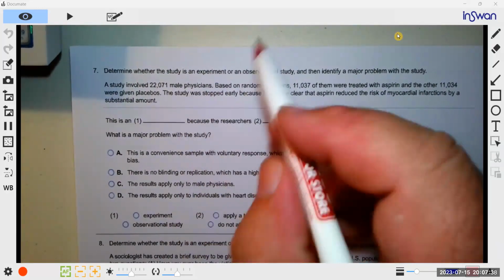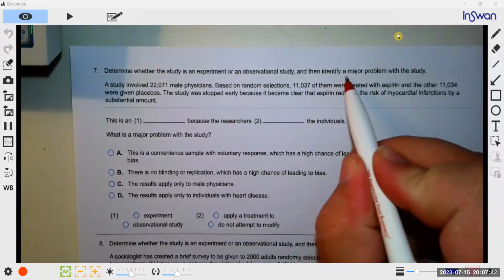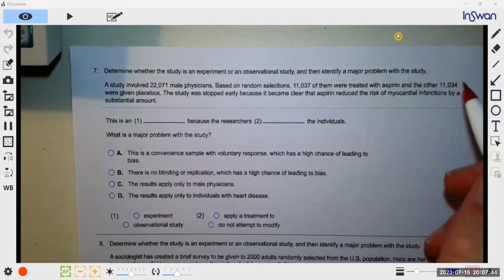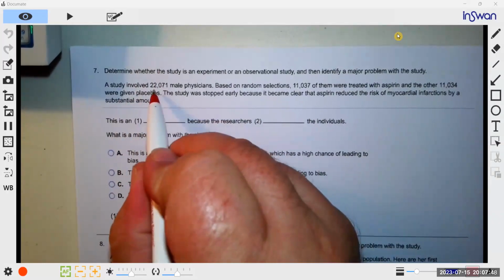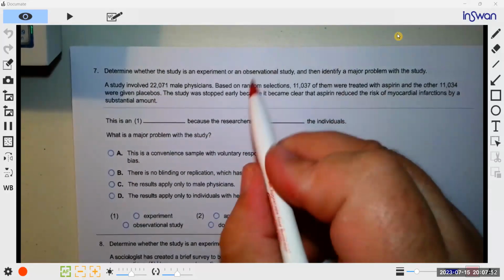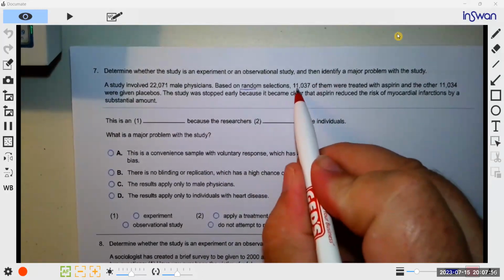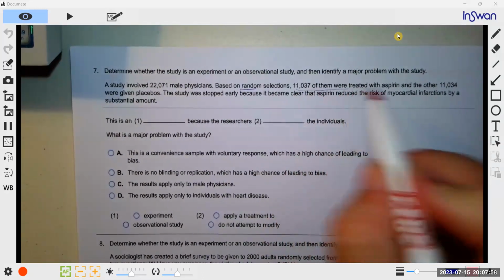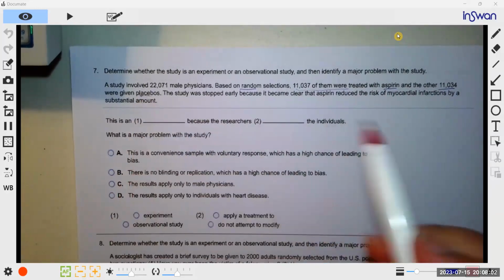Determine whether the study is an experiment or an observational study, and then identify a major problem with the study. A study involving 22,071 male physicians, based on a random selection, so it's randomized. 11,000 of them were treated with an aspirin, and the other 11,000 were given placebos.